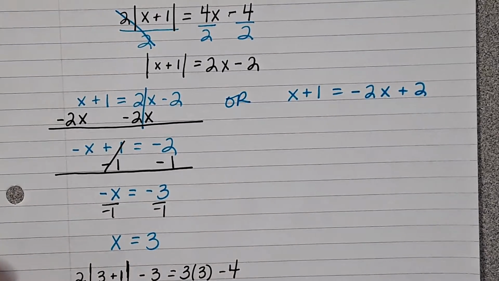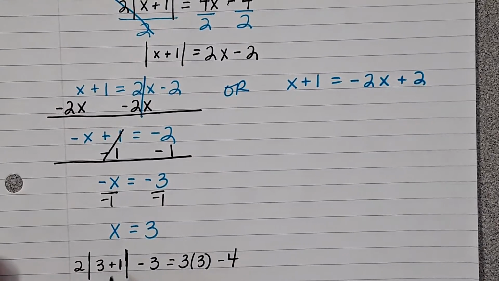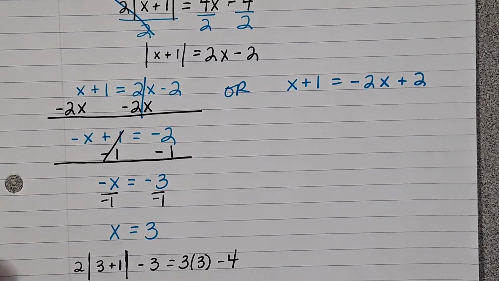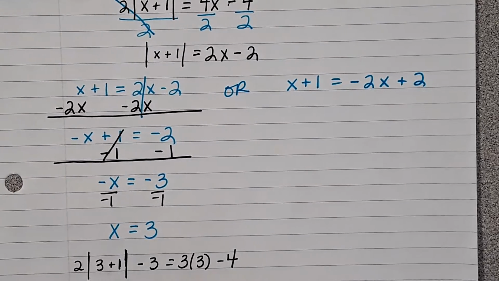What is 3 plus 1? 4. What is the absolute value of 4? Remember, the absolute value is always going to be positive, no matter what. So 3 plus 1 is 4.